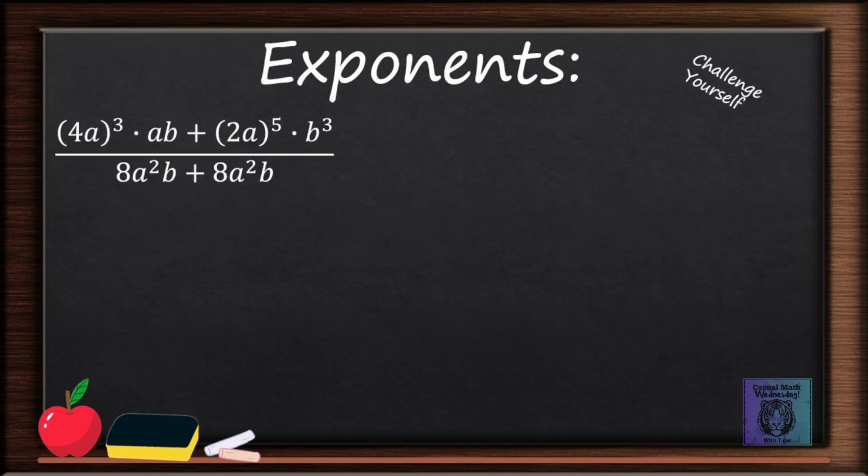Let's challenge ourselves a little. Let's look at this little fella here. It looks intimidating, but it is quite easy. So with this 3, we take it into there and there.